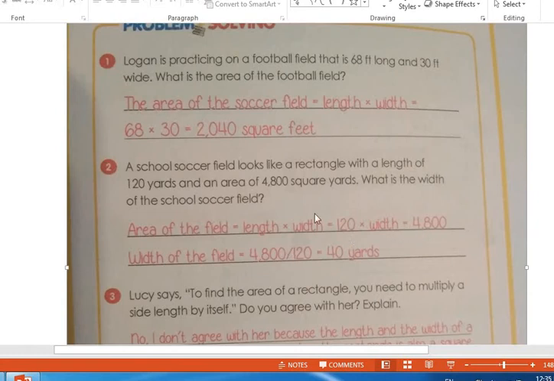It's given in the problem, the area, and he gives me the length, and he needs to know the width. So I will make what? I will do 4,800 divided by 120. So the answer will be here 40 yards.